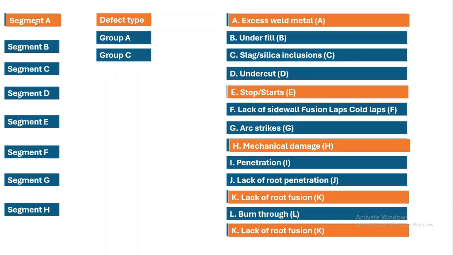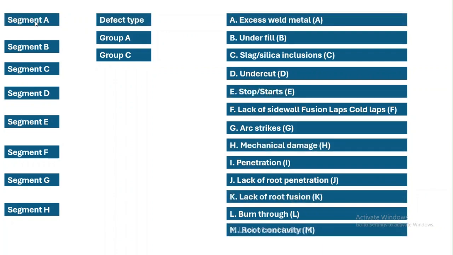Okay, once you marked all the defects, then you have to go to group A. Here there is a next button, so you have to click that next option, so it will go to group A. Okay, in group A you have to check whether it's accepted or not.